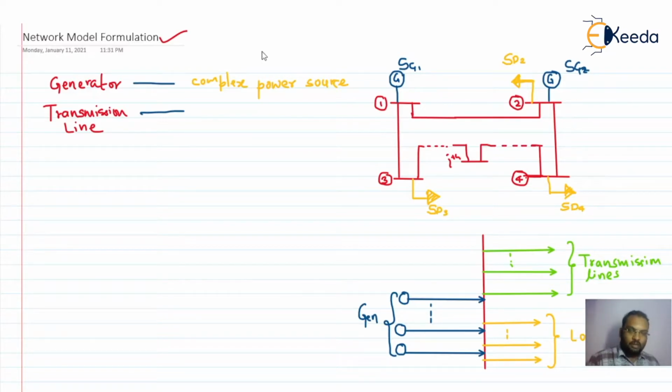One classification is based on physical length: we classify the transmission line as short, medium, and long transmission line. The transmission line whose length is less than or equal to 80 kilometers, we consider as a short transmission line, and the transmission line having length more than 80 kilometers but less than 240 or 250 kilometers, we consider as a medium transmission line, and the transmission line whose length is more than 250 kilometers, we consider as a long transmission line.